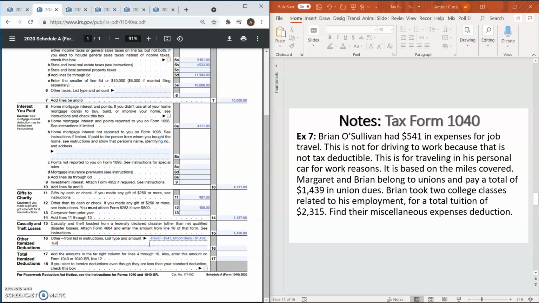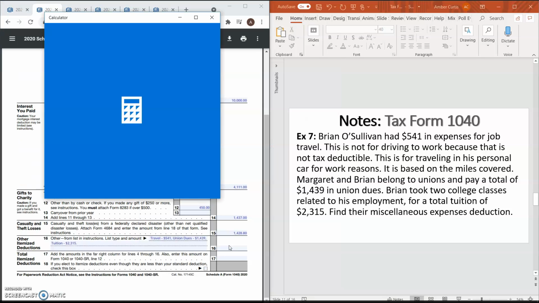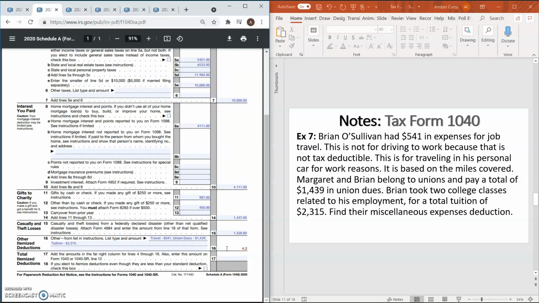We'll put that on this line. And that is at $2,315. And then our total here is $541, $1,439, and $2,315, which is $4,295.